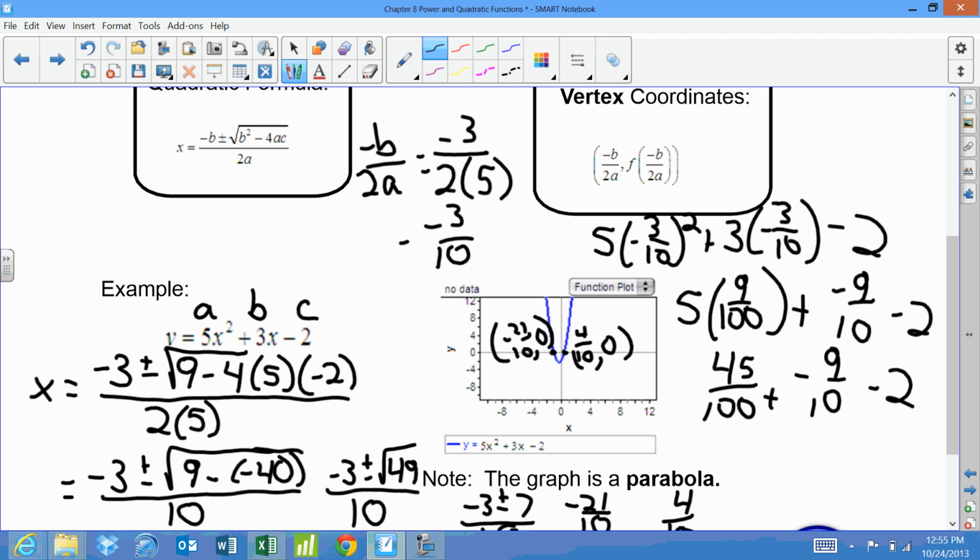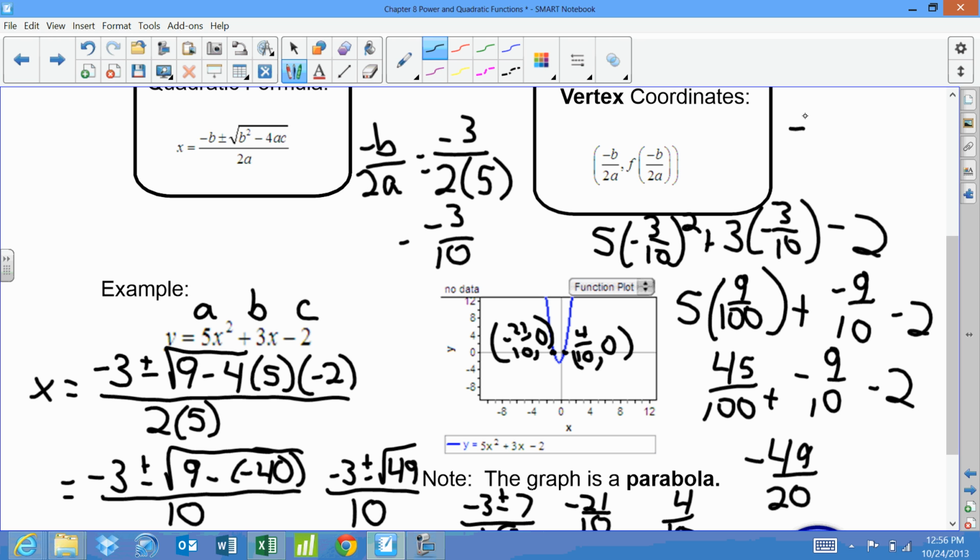A couple different ways you can do that. I'm just going to do it in my calculator real quick, because we might as well use a calculator in a situation like this. And I get negative 2.45, which I can convert to the fraction negative 49 over 20. Okay, so that tells me that my coordinate is occurring at negative 3/10.